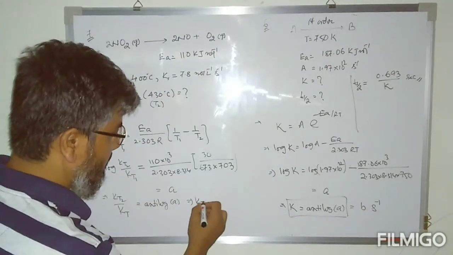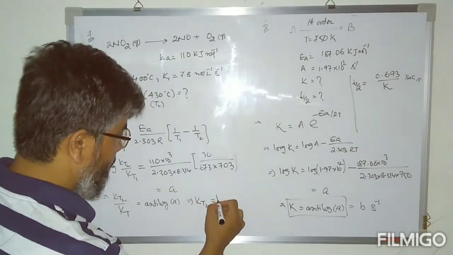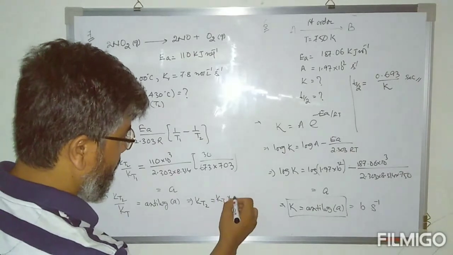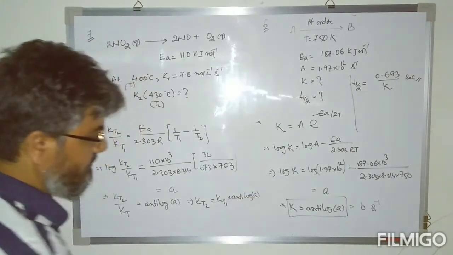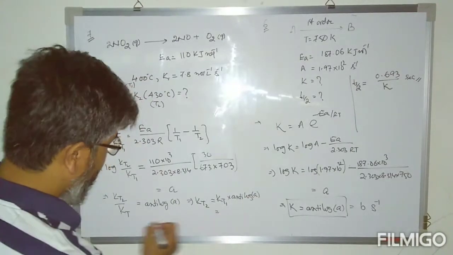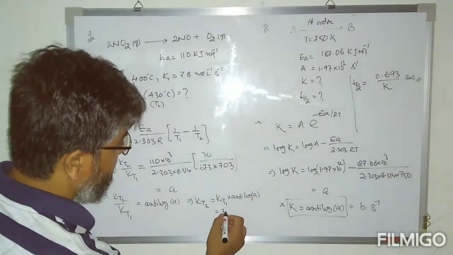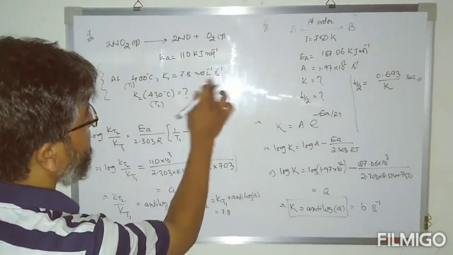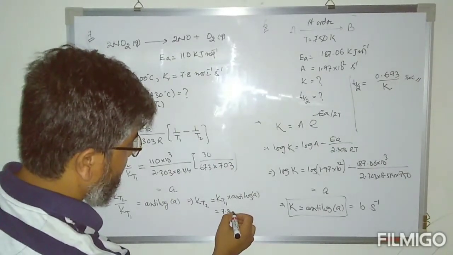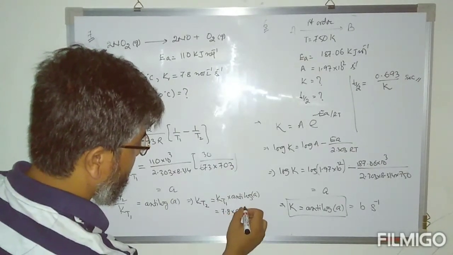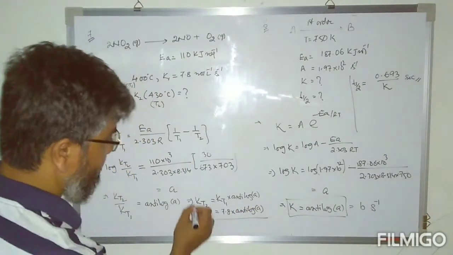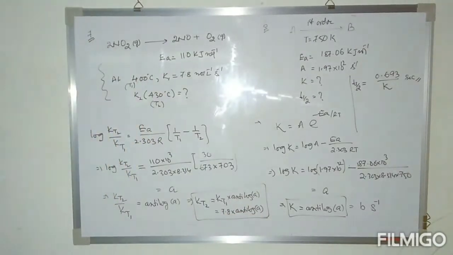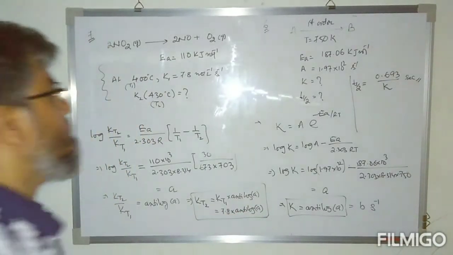Therefore K2 is equal to K_T1 into antilog of A. So K_T1 is 7.8 in this unit, into antilog of A. This is the value of rate constant K2.